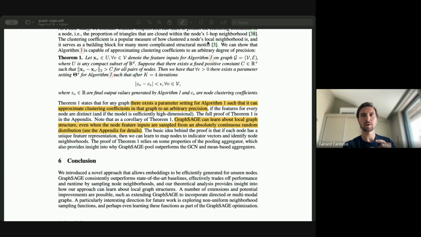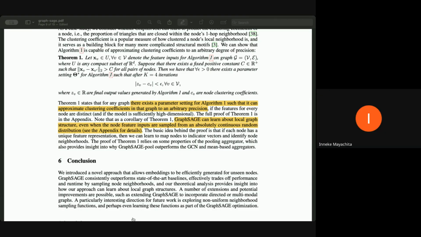This means that when we come to doing prediction tasks on the graph, we don't have to run an expensive training process to get embeddings, and we also get better performance out of this. So presumably there's some kind of generalization in the aggregator functions that is beneficial for downstream tasks. Yeah, that's it. Happy to answer questions.